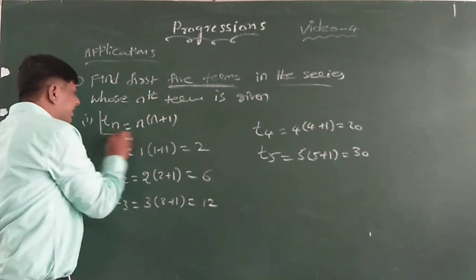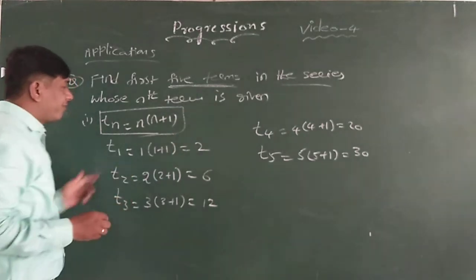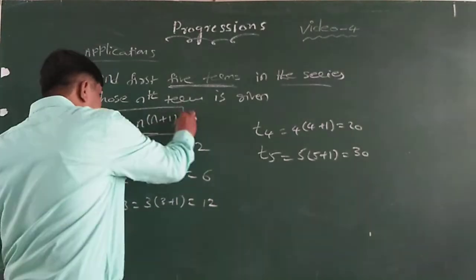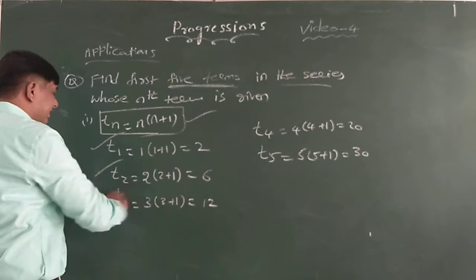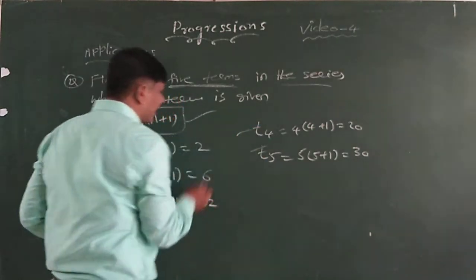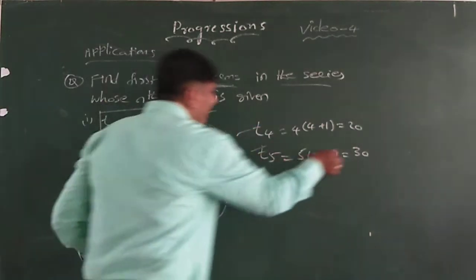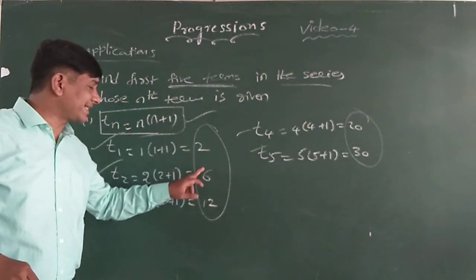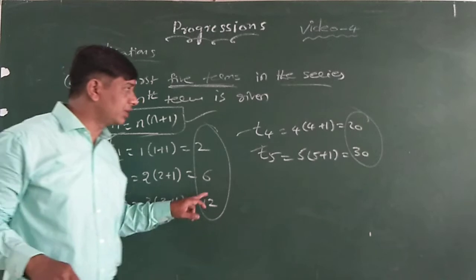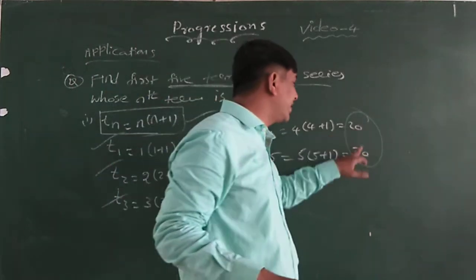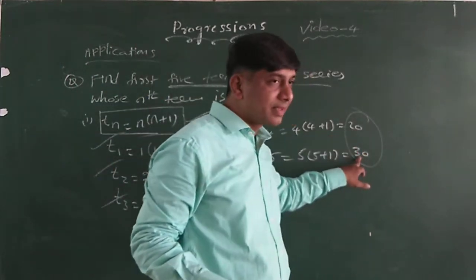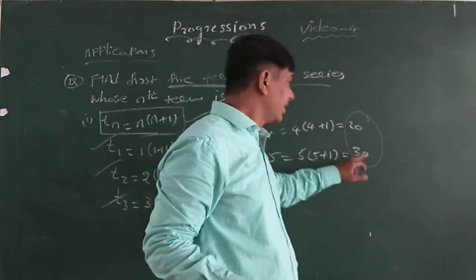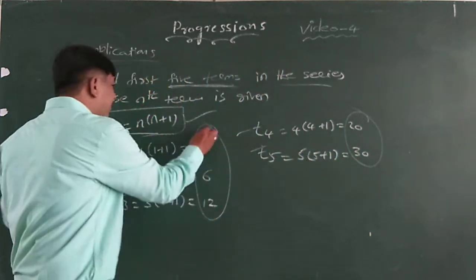In a series, the nth term is given. The terms are 2, 6, 12, 20, 30. Are these in AP?